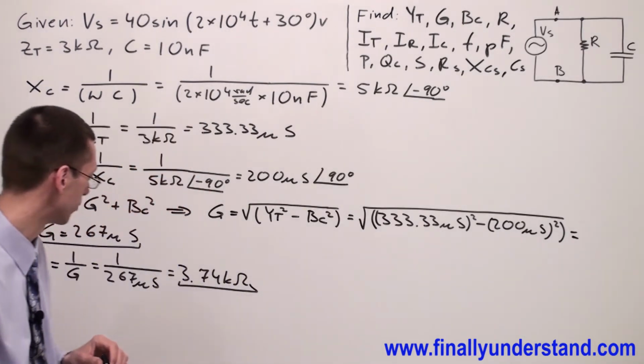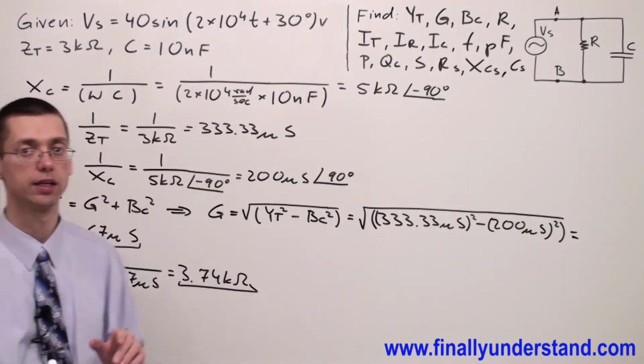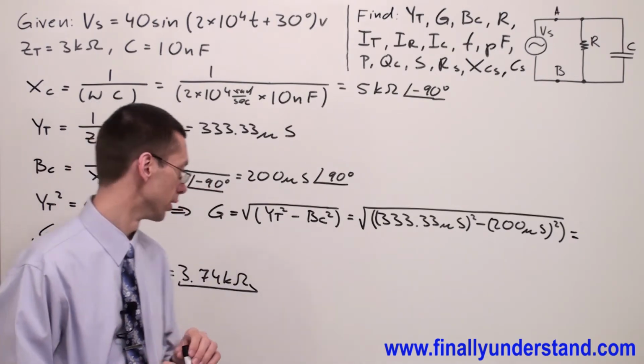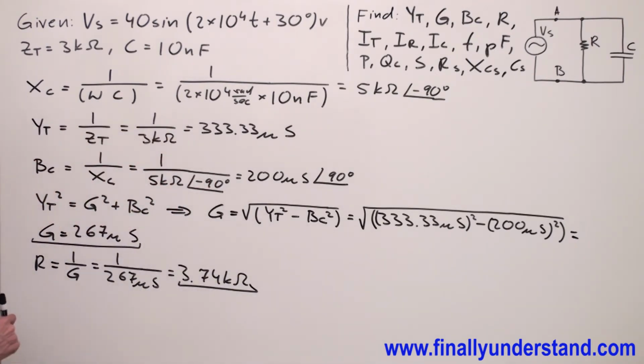Okay, of course, there are many other ways to solve this problem, but let's solve this problem using the way with the impedances first. So we have Z total, because this is parallel circuit and I have two components connected in parallel, I'm going to use product over the sum.